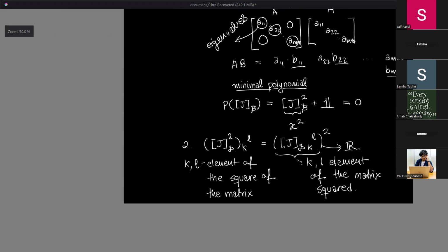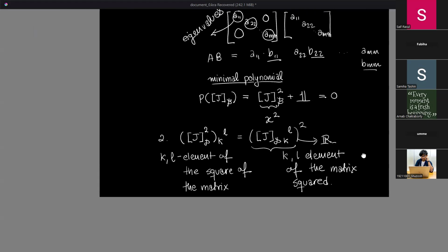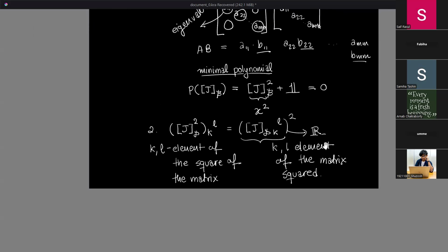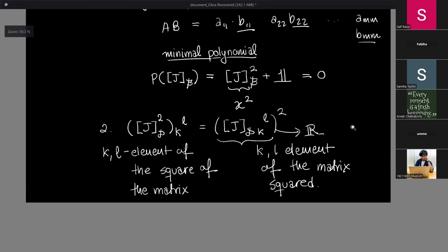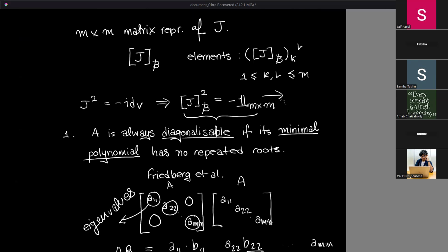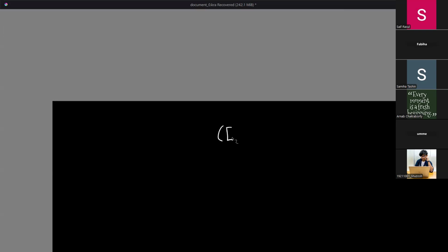So this makes life easier for us because we know that, if we write this in index form, which I'm going to do on the next page, let's write that in index form. That gives us J in the D basis squared.